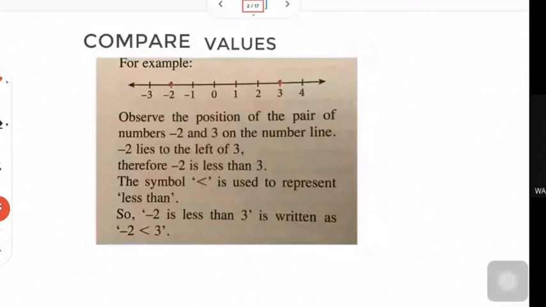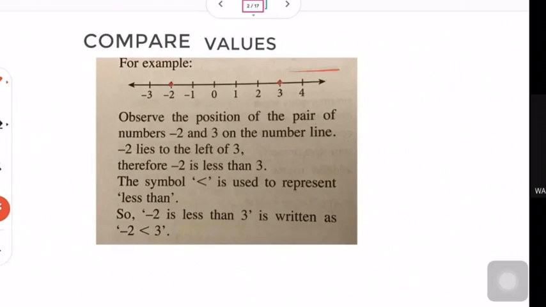For example, on the number line, you observe the position, comparing -2 and 3. -2 is located on the left of 3. As we understood, the values on the left are lesser than the values on the right.